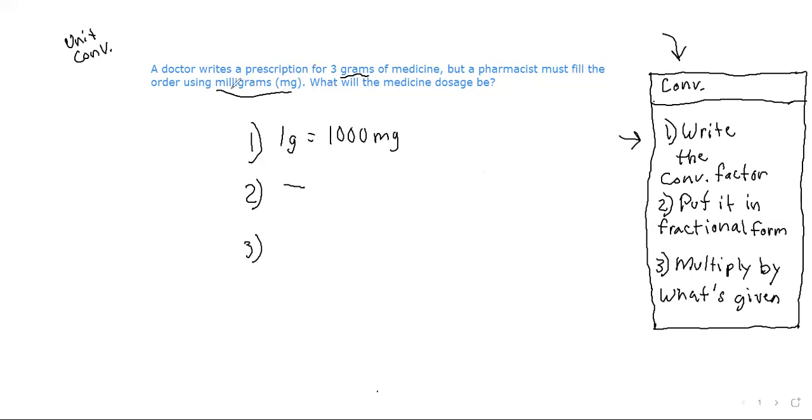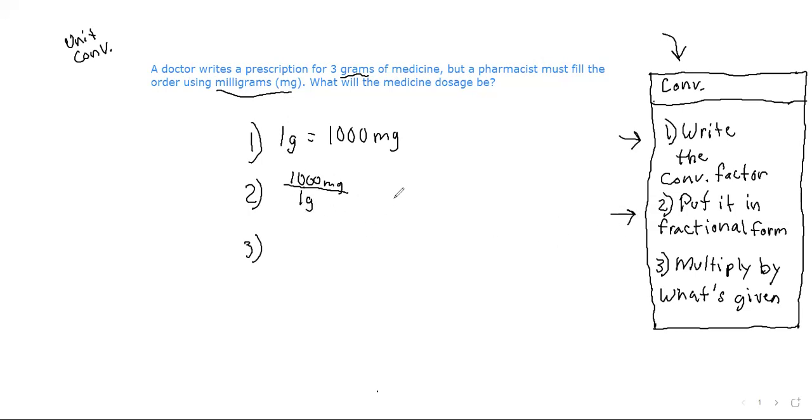So let's see what units we want to end up with. The last part of the problem says a pharmacist must fill the order using milligrams. So we want to end up with milligrams, so milligrams goes on top. We put the 1,000 milligrams on top, and the other thing goes on the bottom. That takes care of step two.